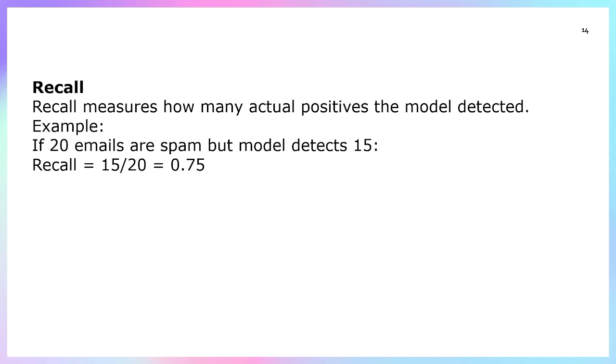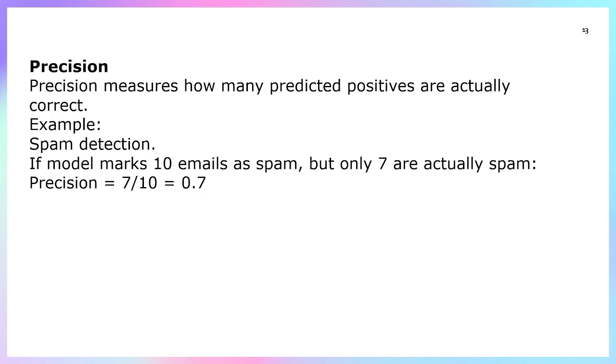So in precision, of all the people predicted, let's come with an example. Suppose you have a spam detection model and the model predicts 100 emails are spam, right? But actually only 80 were spam, and 20 were not spam but the prediction was spam.